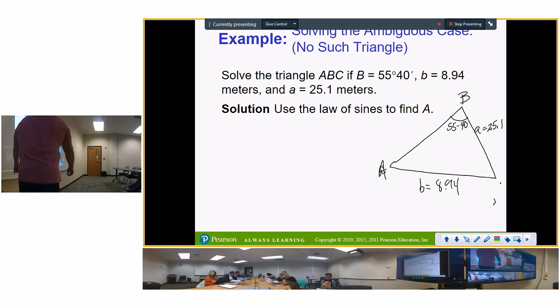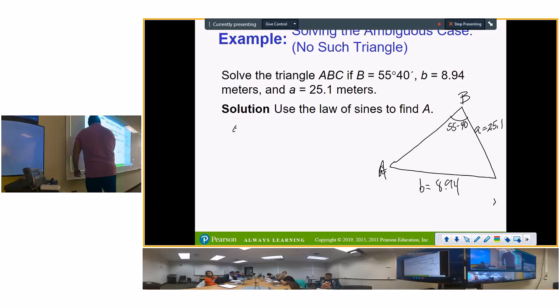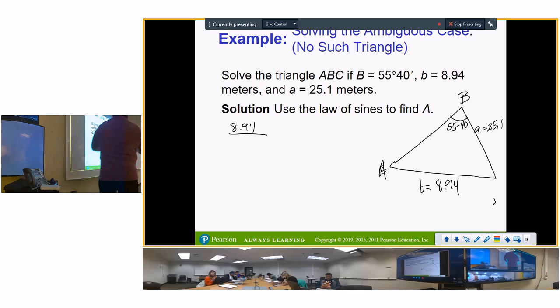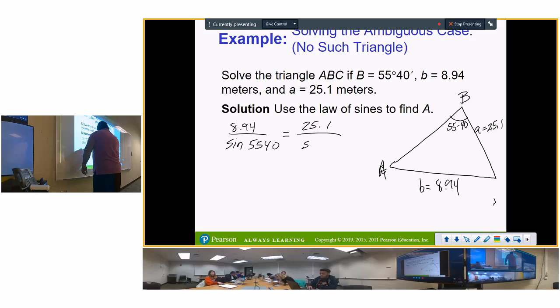All right, here we go. So let's see, what do we do here? 8.94 over sine of 55.4. Sine of 55.4 is equal to, okay, we need A. We got side a, that's 25.1 over sine of what?